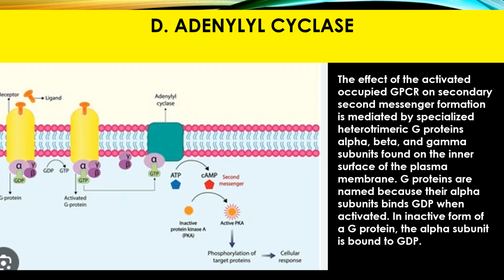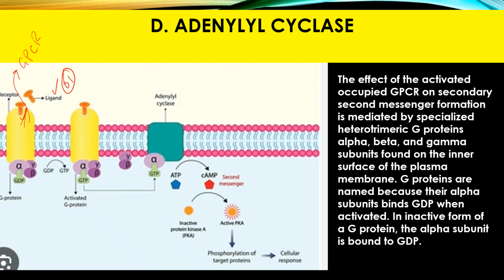Now this is the full story of the mechanism. First of all, the ligand, or chemical messenger, attaches with the receptor site present on the cell membrane, also known as GPCR.